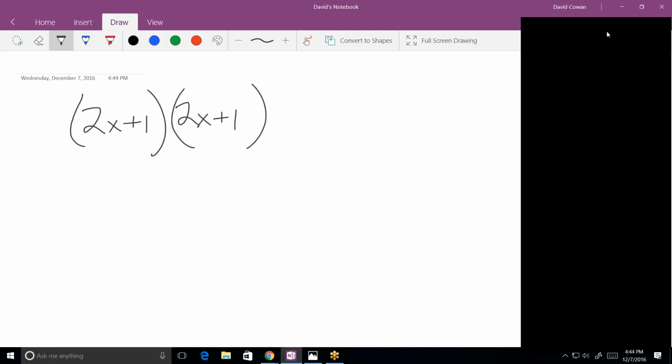Did they teach you FOIL? No. So when they taught you to multiply these, they just told you multiply every term by every term? Yes. I'm going to mention FOIL to you, even though I don't like it.